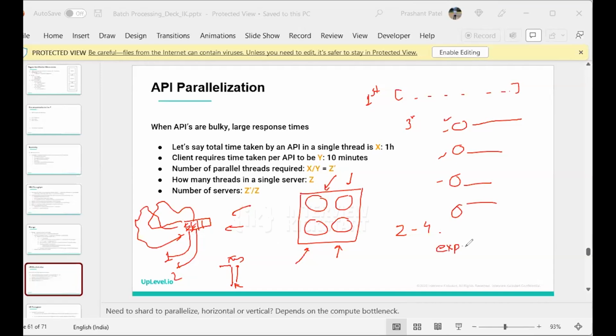This is purely experimental. Generally, in most applications 100 threads would give you the efficiency, but more than that it will actually reduce the efficiency. Experimentally, maybe 50 in some systems would give you the maximum efficiency, but it completely depends on what your implementation is.